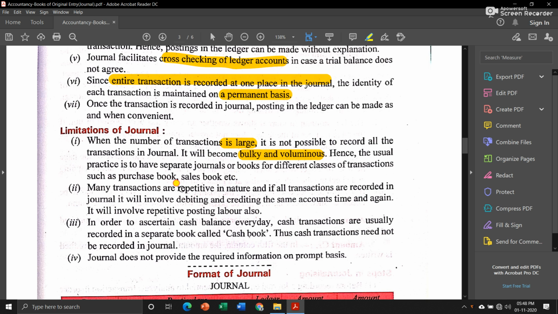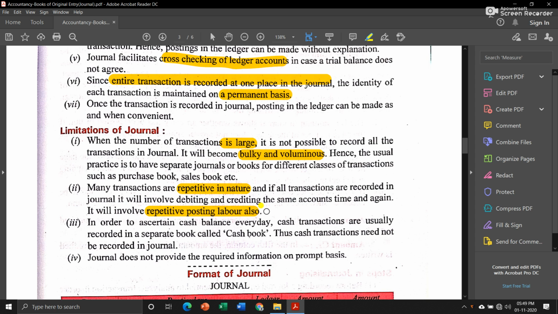Then many transactions are repetitive in nature, and if all transactions are recorded in journal, it will involve debiting and crediting the same accounts time and again. It will involve repeating posting labor also. Means every now and then, if you keep paying rent, then for paying rent you have to make journal entry. Then the accounts involved in those transactions will be same, so it will be like repeating all the work again and again.